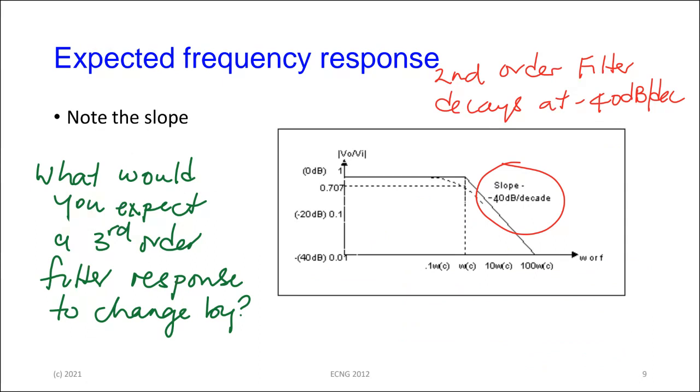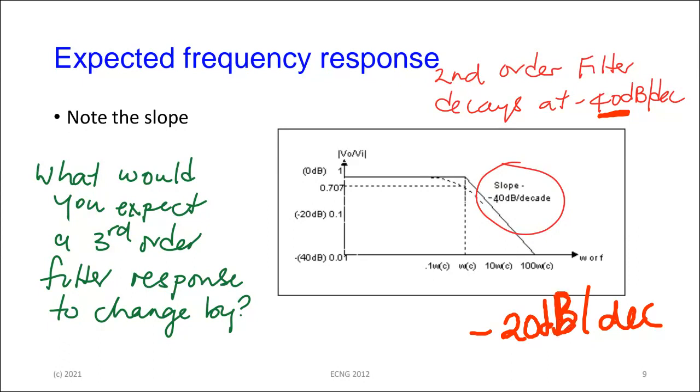At omega c, the response drops by 1/√2, which is 0.707, and then it decays at 40 dB per decade. Remember, the first order filter decayed at minus 20 dB per decade.